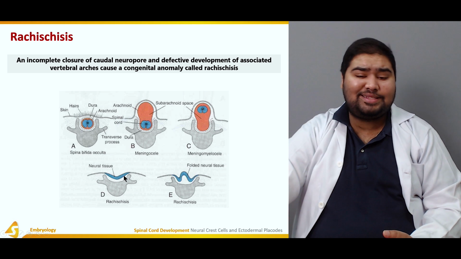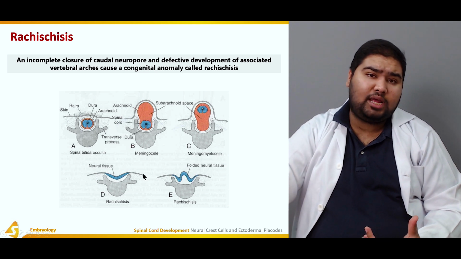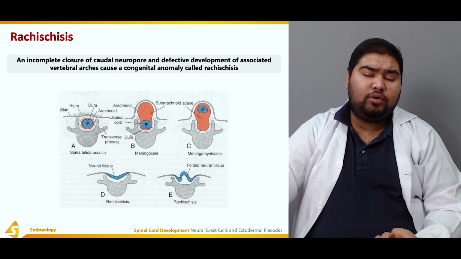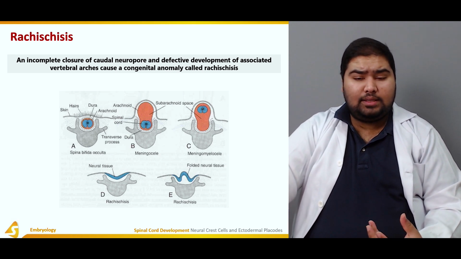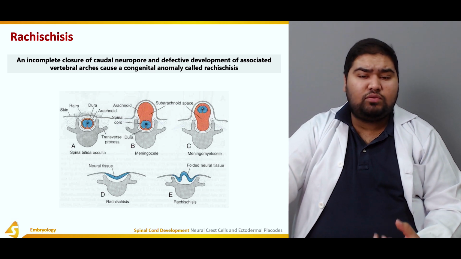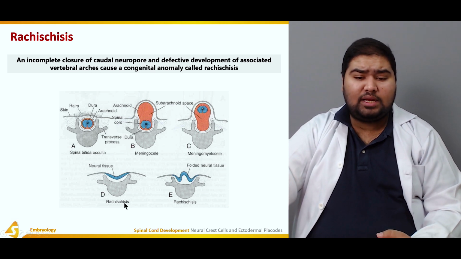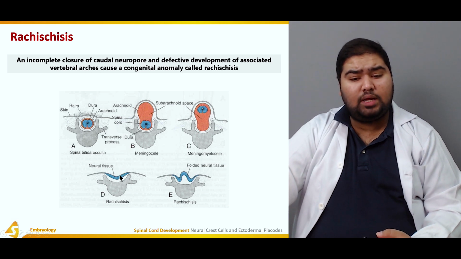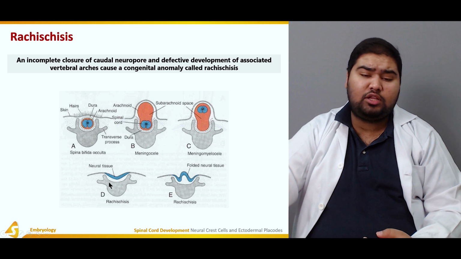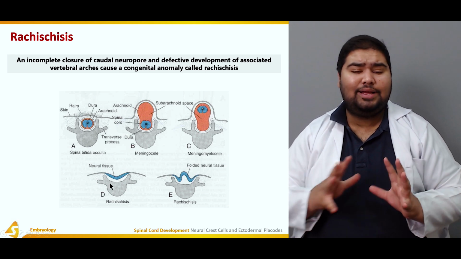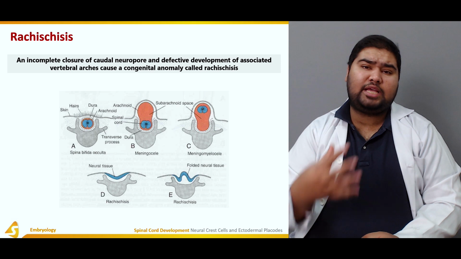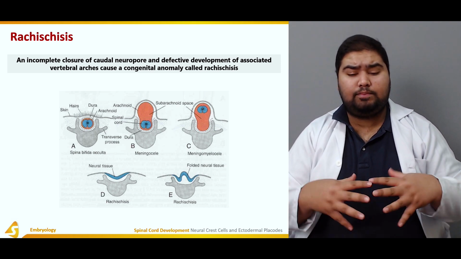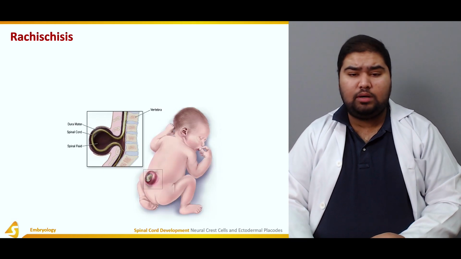In Rachischisis, there is incomplete closure of the caudal neuropore, as well as defective development of associated vertebral arches, as a result of which the neural tissue may be folded upon itself, or the neural tissue may be normal, but it might be exposed to the environment in the form of a protruding bulge from the lower back.